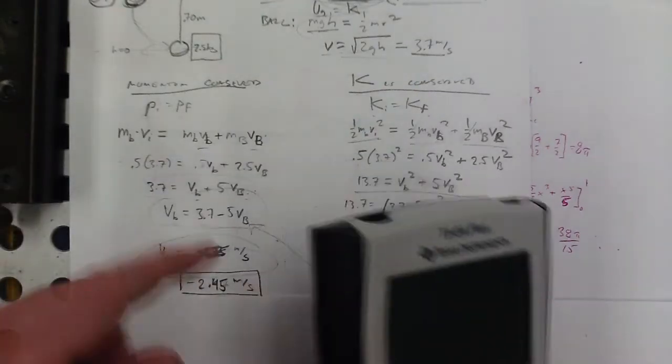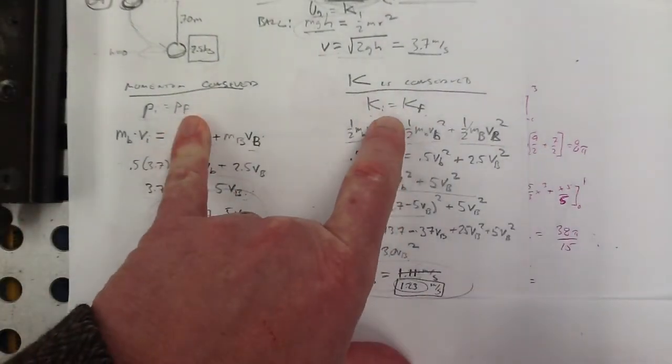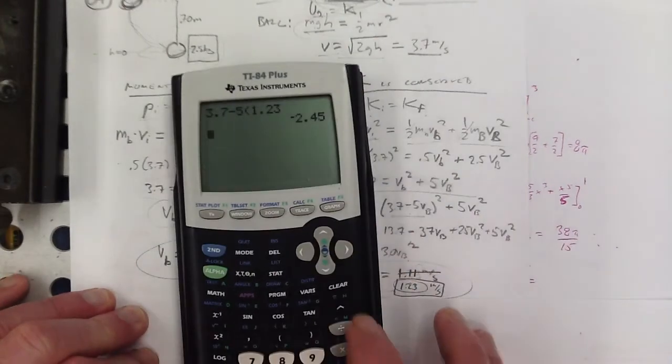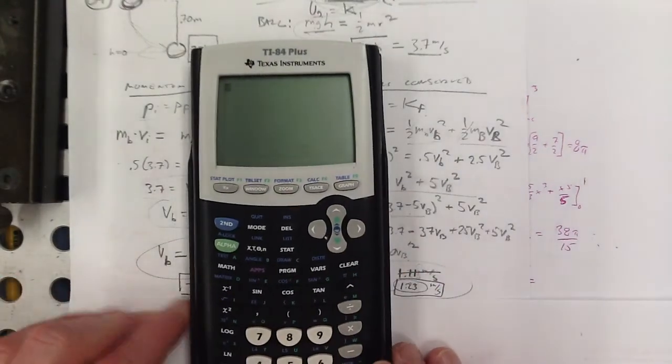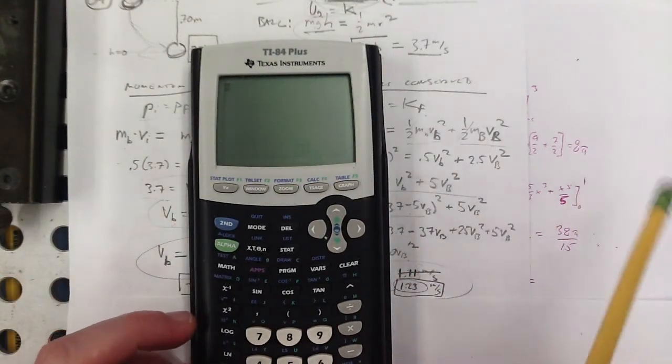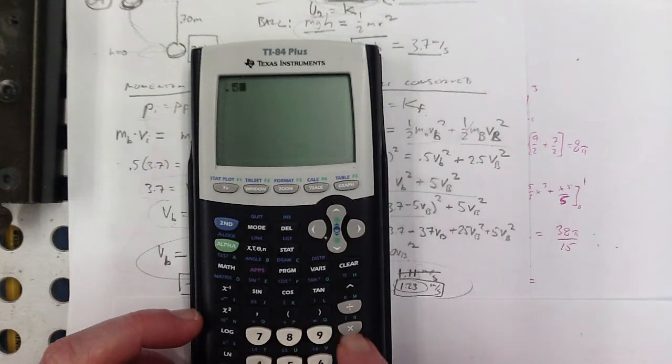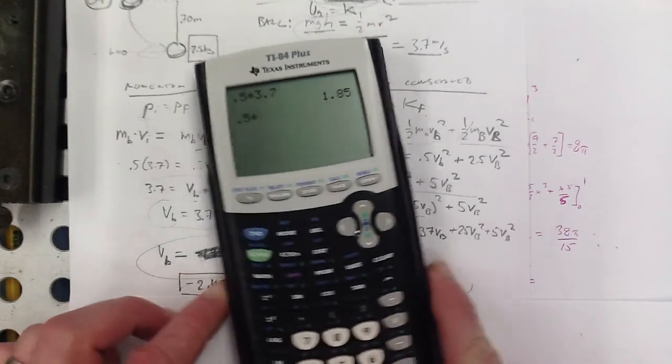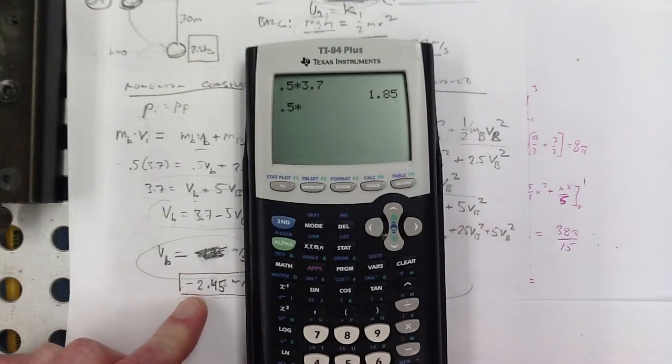I could check to see if both of these things are true. So what is the total momentum before the collision? The total momentum before the collision is the mass of the ball times its velocity. The total momentum after the collision is the mass of the ball times its velocity, and the negative sign matters, right?